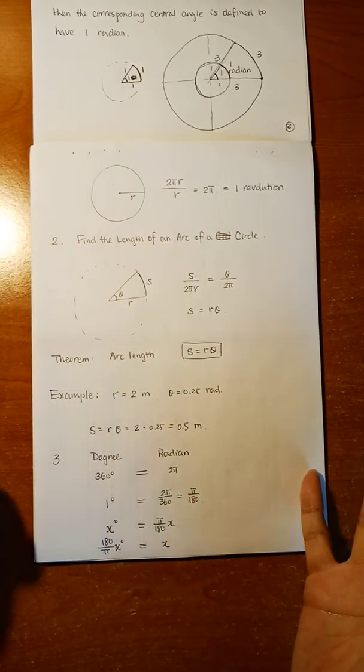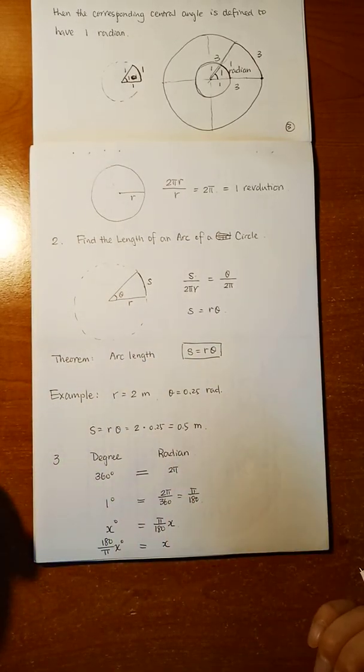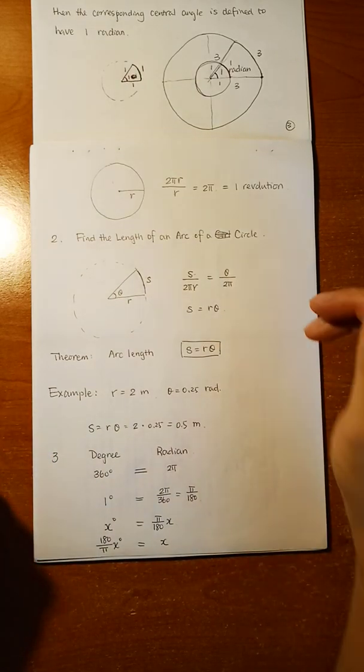So you can go forward and backward. That's a translation between degrees and radians.